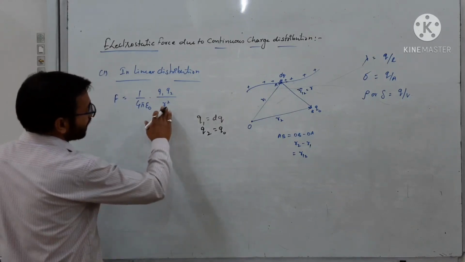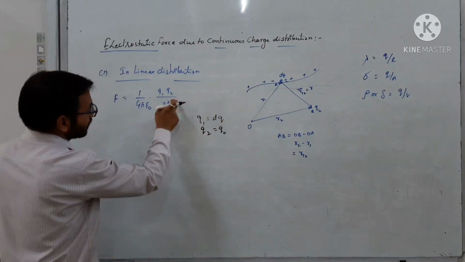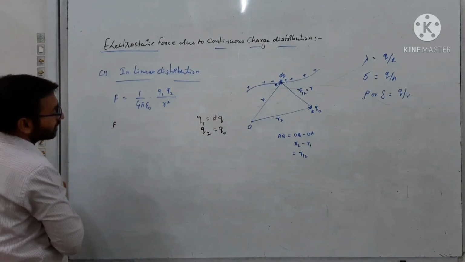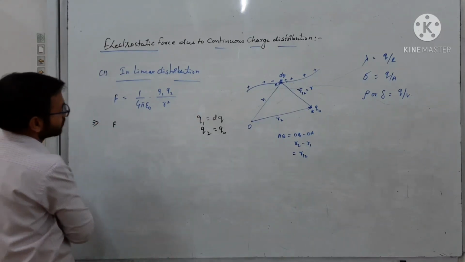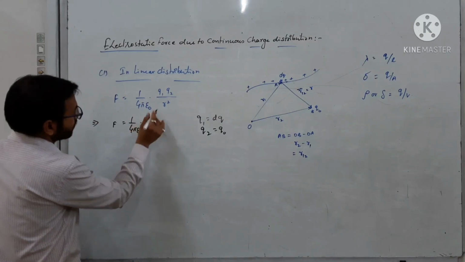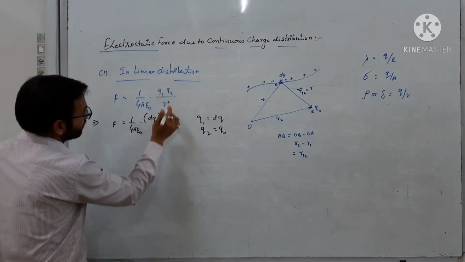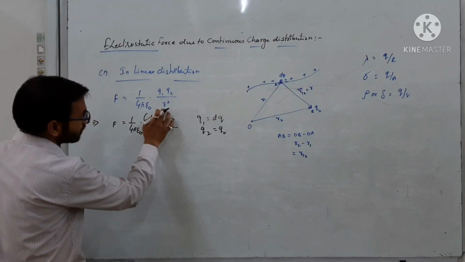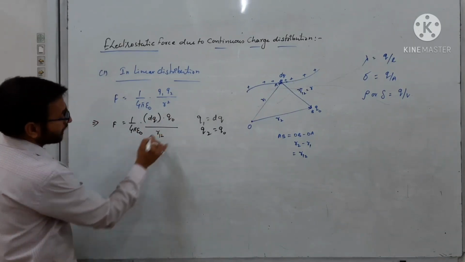And second, r12 is the replacement of r square. So if I am thinking about the force by linear distribution, it will be 1 over 4 pi epsilon naught q1. In place of q1 I will write dq, in place of q2 I will write q naught, and in place of r square, I will write r12 square.